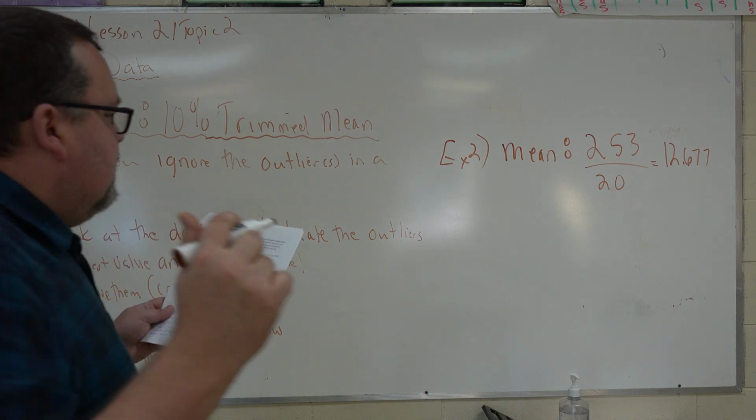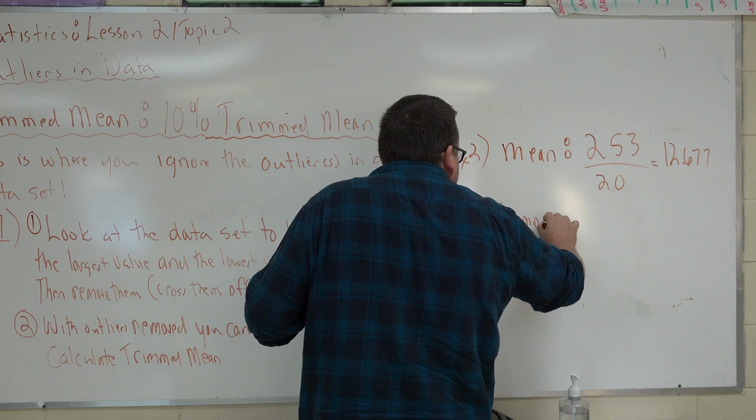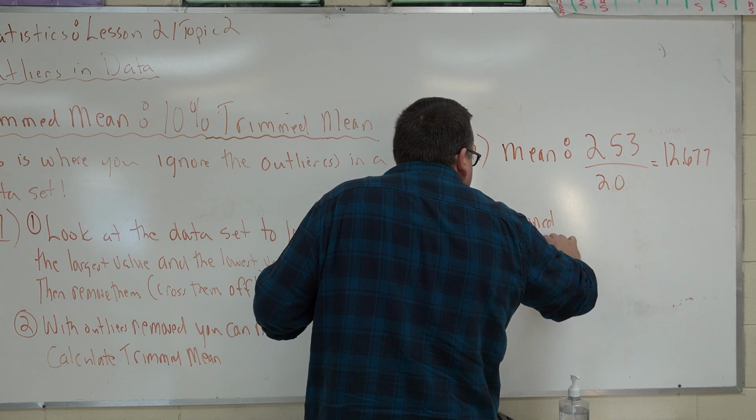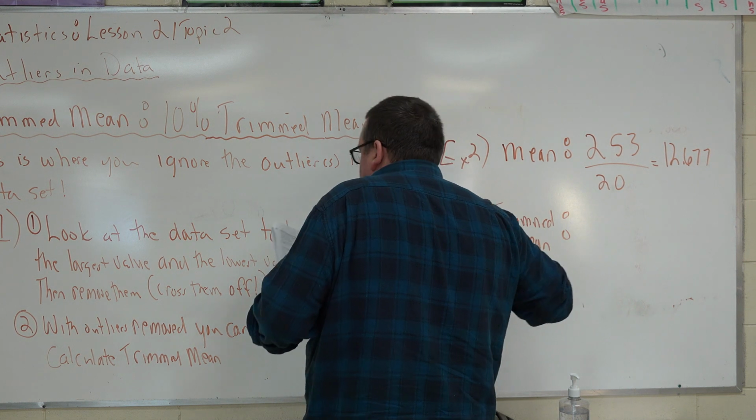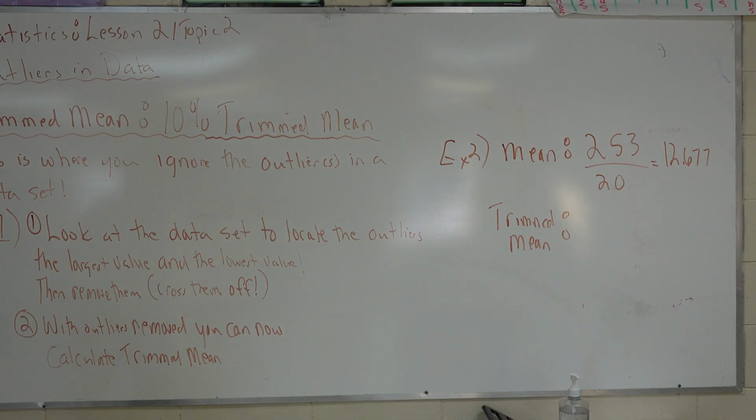Now, to do the trimmed mean, you're going to take a look at the data, and you're going to realize that we're going to omit, which means remove, two values: the lowest value and the highest value.